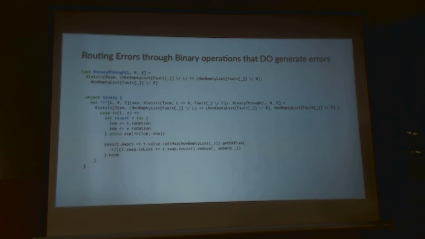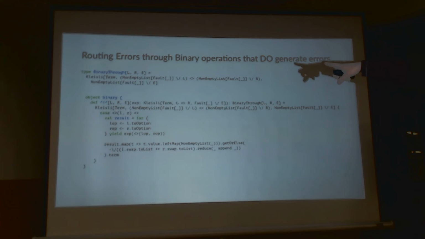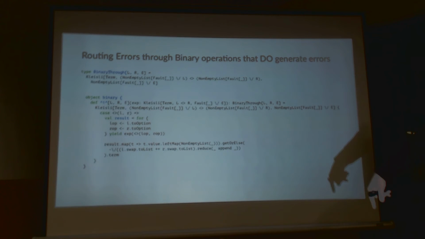So we have a binary operation, let's say it's division. It's passed in as exp. Since it's one of those that may return its own errors, we're saying, okay, it's an operator that has left and right operands, and also the result is fault or e, or a value.